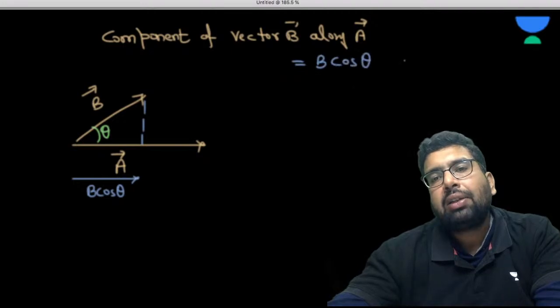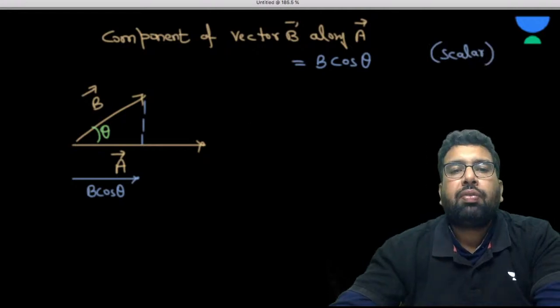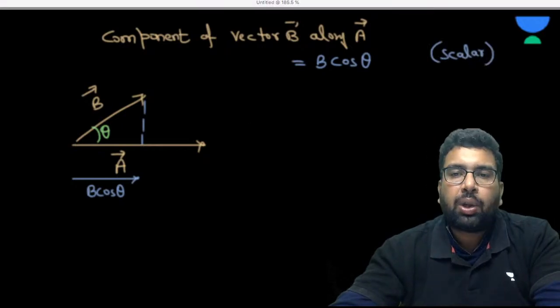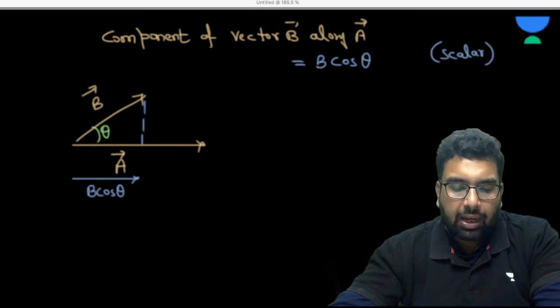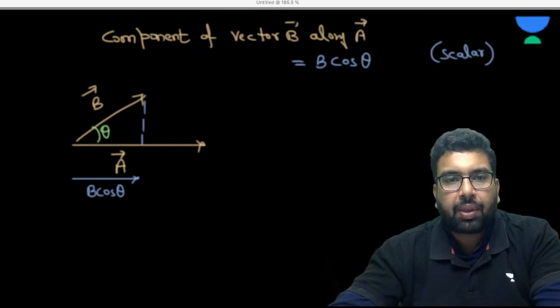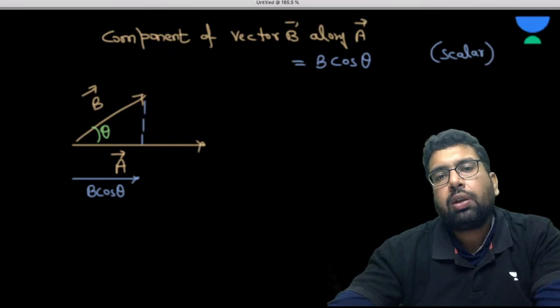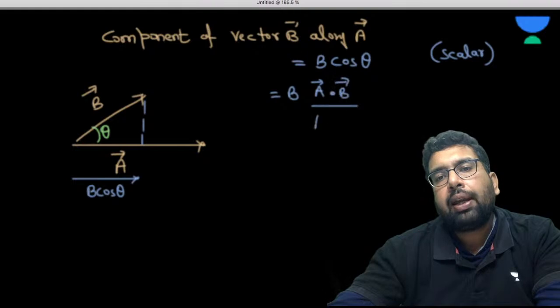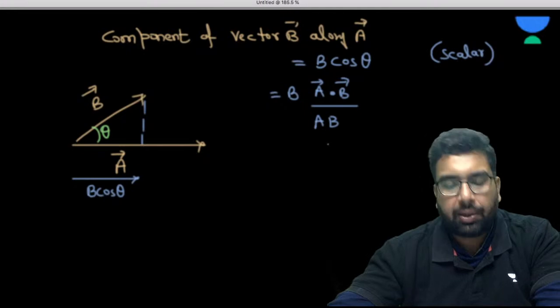This is a scalar component, because we are using the magnitude of B. Now cos theta we have just seen: it is A vector dot B vector upon mod A mod B.